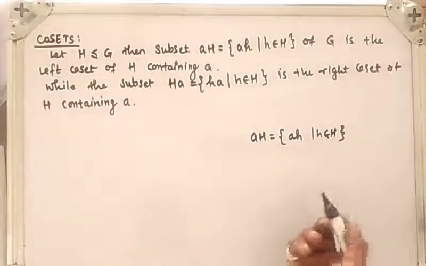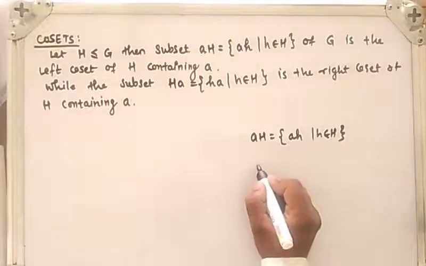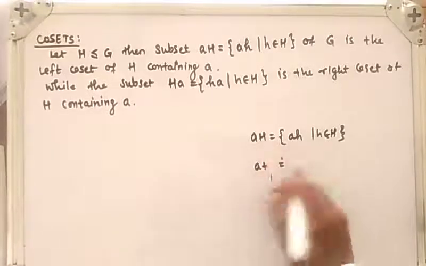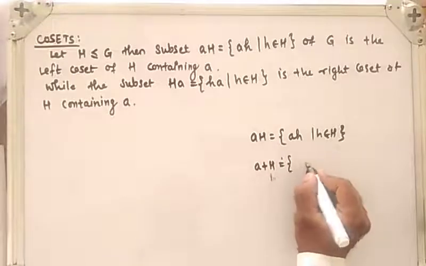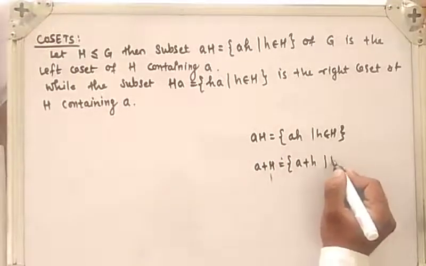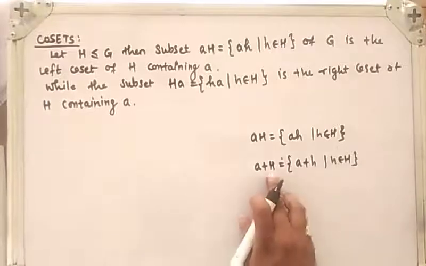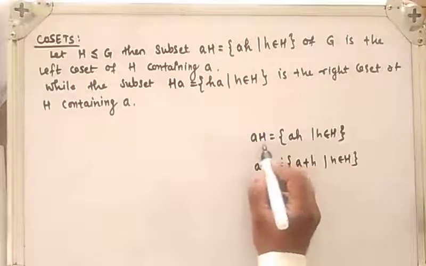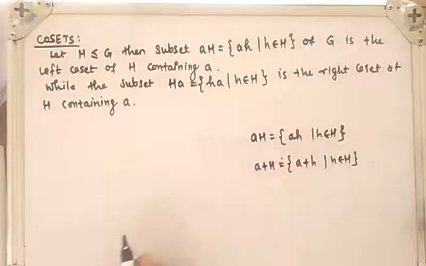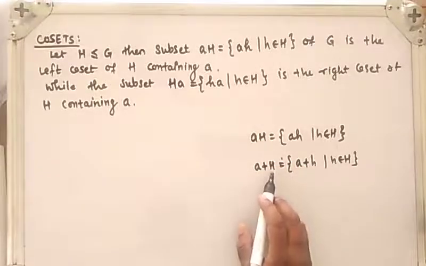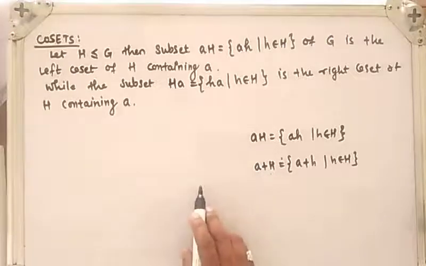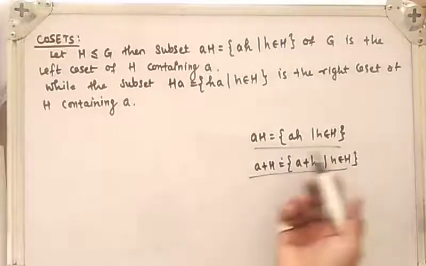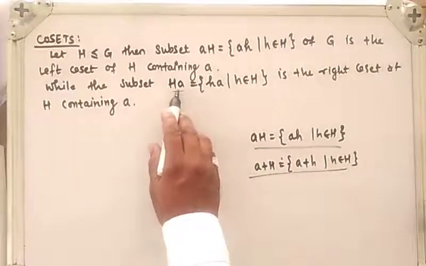So if the operation is additive, then the left coset will be written as a plus H, which is equal to a plus h such that h belongs to H. If the operation is multiplicative, then multiply a on the left hand side, and if the operation is additive, then add a on the left hand side. So this is the additive operation and this is the multiplicative operation.